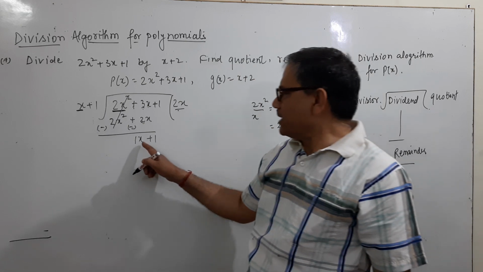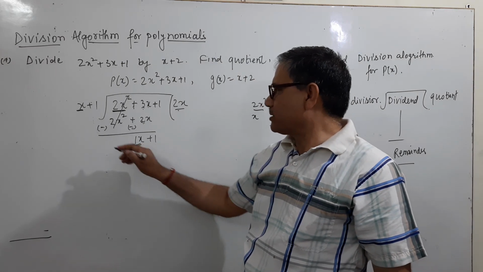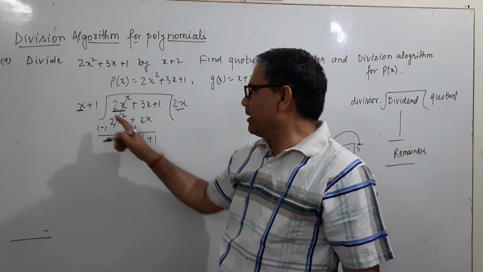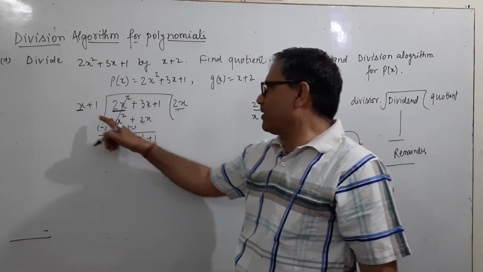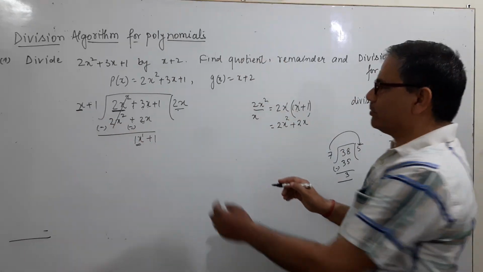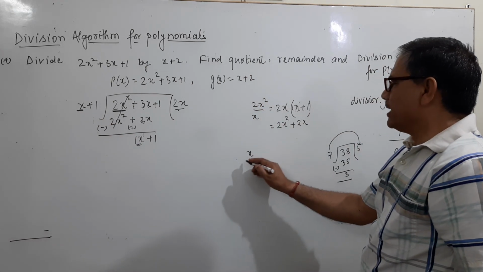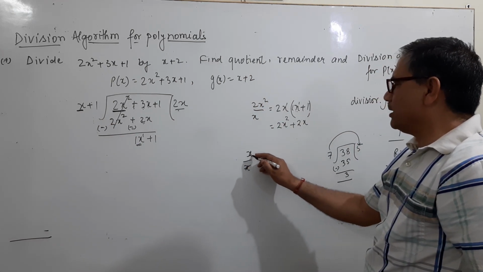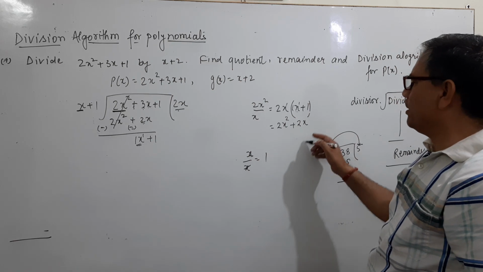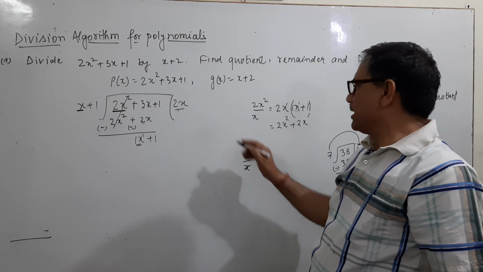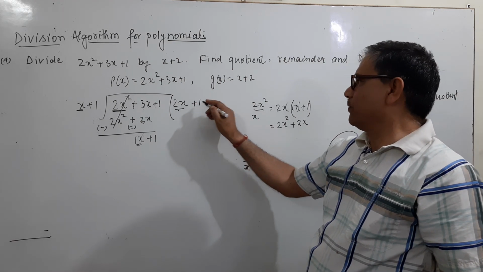Now the highest degree term here is x. This x is divided by this x, इस x को divide करेंगे इस x से. So what is your answer? x divided by x cancels and is equal to 1, with the plus sign. Here plus 1.